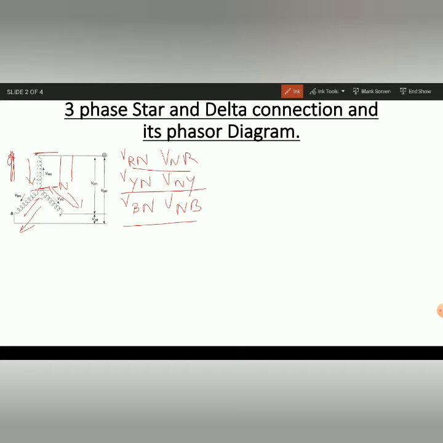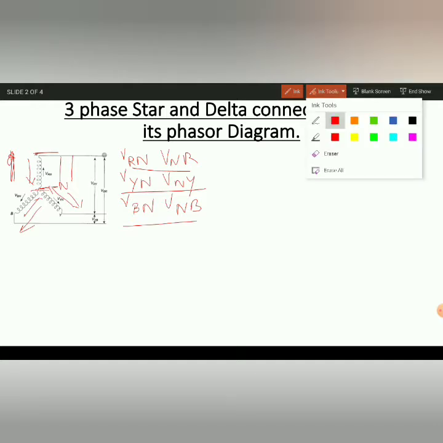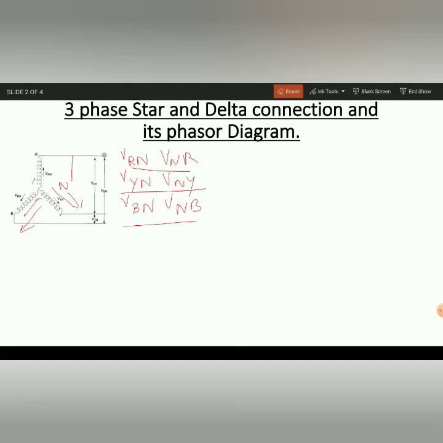Okay, now the next point is how to find the current. For current, see here, this is a star connection. Assume some current is flowing in this direction, let's say it is IR. Now the phase is over. When it comes out this side, this is the line, so here also the same current flows, because it is in series.